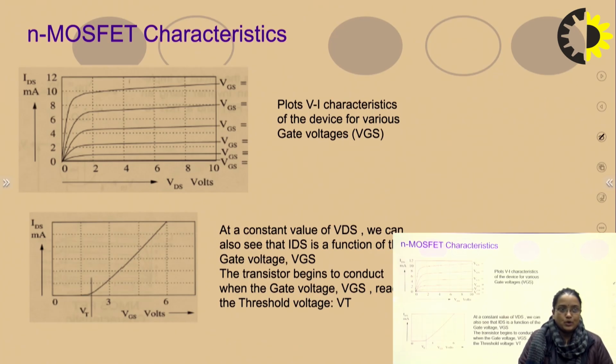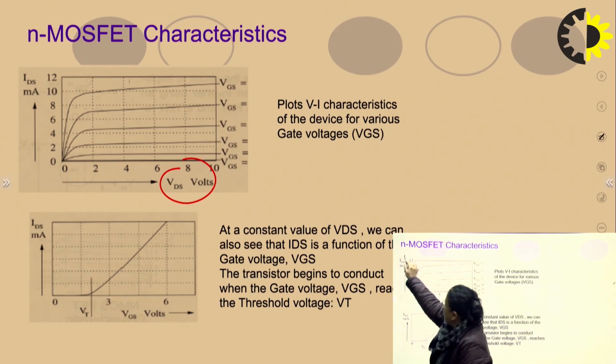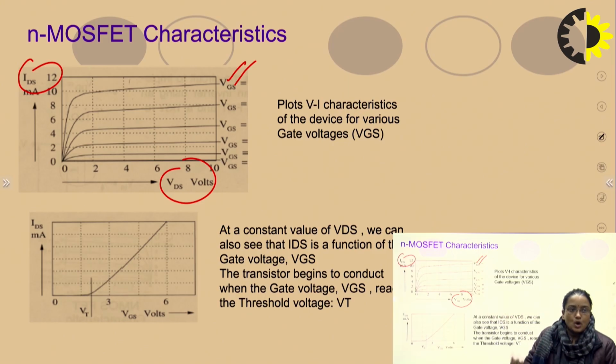These are the input-output characteristics. The plot between VDS and IDS, taking VGS as constant in terms of positive value, because we are depicting it for the enhancement type.